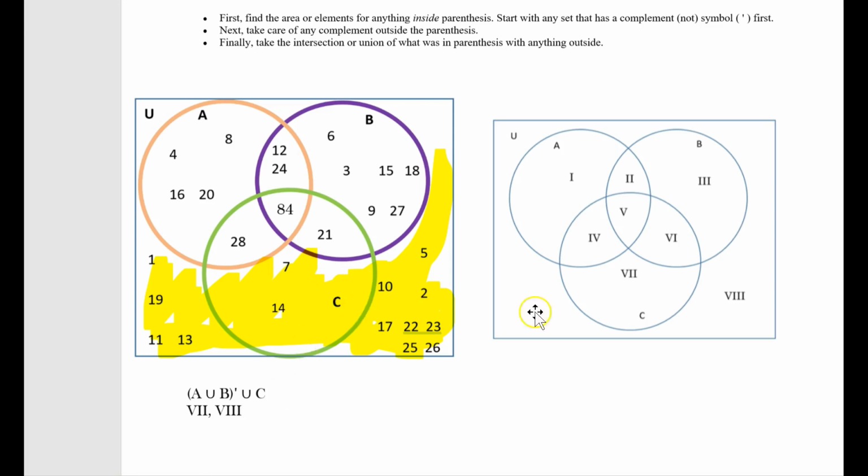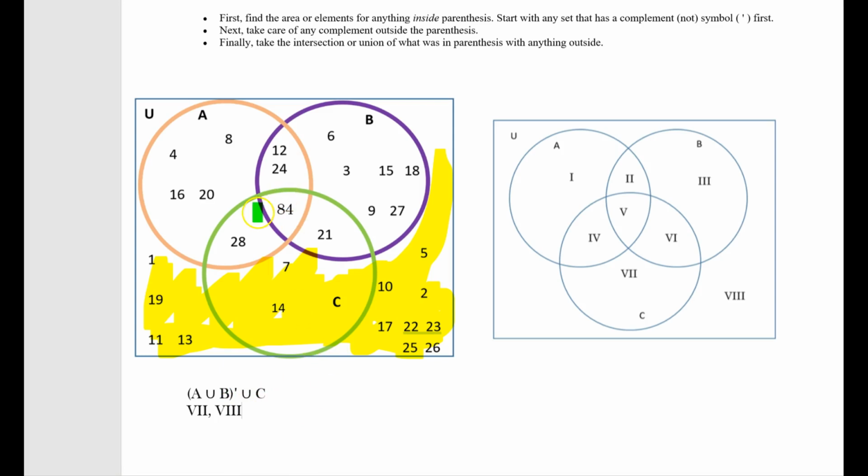And then we're going to do union C. So we already did A union B complement. That's done. Now we want to take what we just got as a result, the parentheses and then the complement, and take the union of that with C.